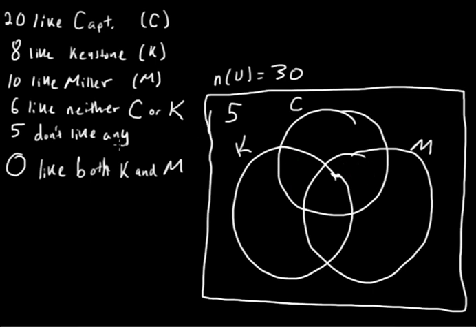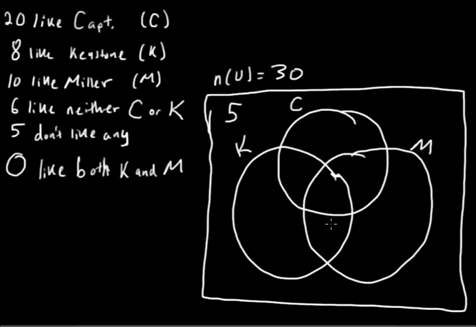Okay, so first off, if you've worked these problems before, you should know that you're always going to want to start in the middle so you don't count anything twice. For this problem, it really doesn't give us the middle. The middle would be like X amount of students like Captain, Keystone, and Miller, or 0 students like Captain, Keystone, and Miller. It doesn't give us the middle right away, but it does tell us that 0 like both Keystone and Miller.